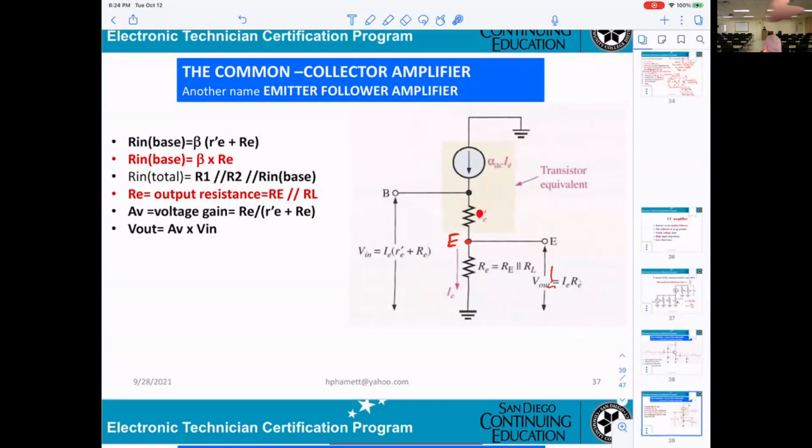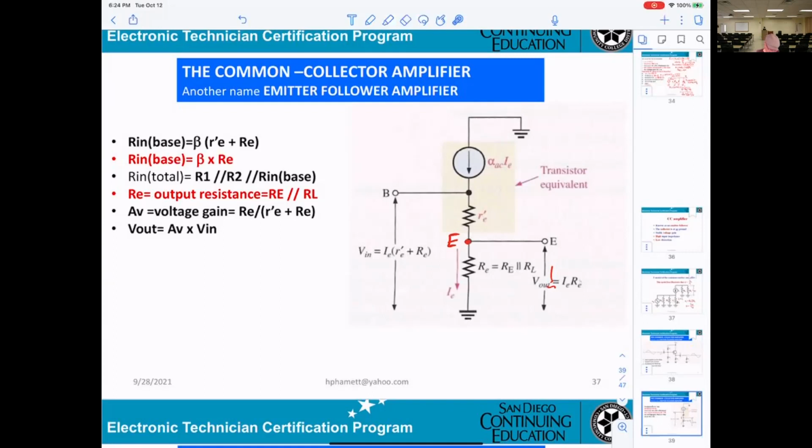So you add these together and times the beta, and you can get R in base. Looking at the formula here, R in base is beta times R big E, which means they say R prime E is too small.